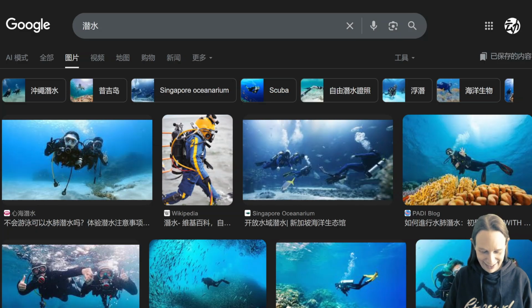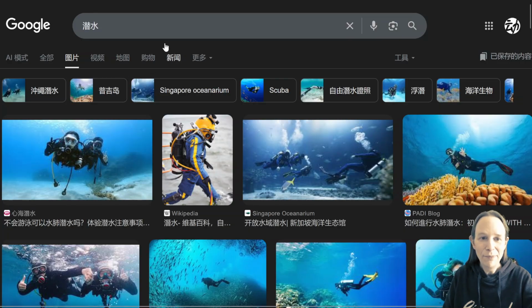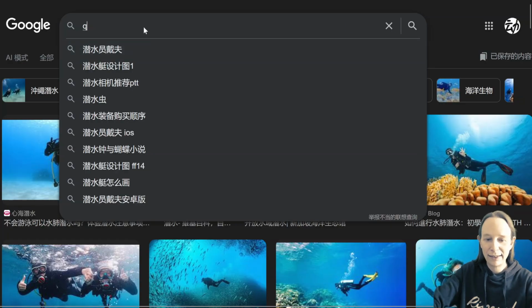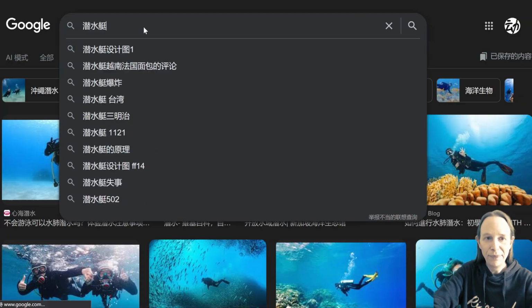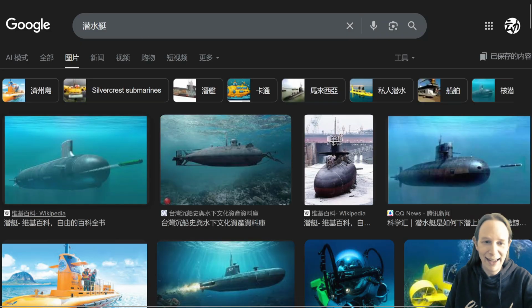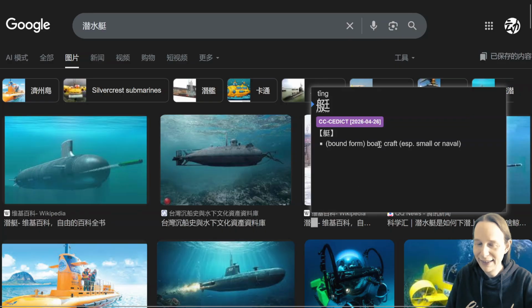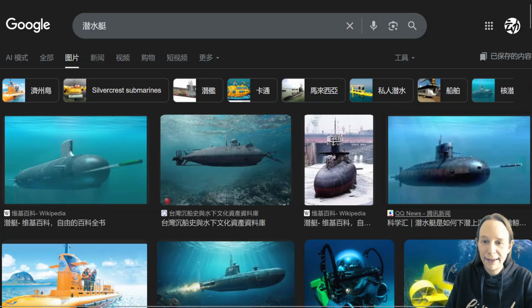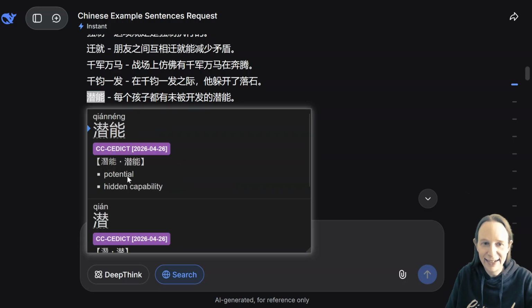It's hidden, right? 潜水艇 submarine. 艇 is kind of a military warship, something like this. 艇 boat, usually naval. Oh, small or naval. Okay. So 潜能, hidden ability.